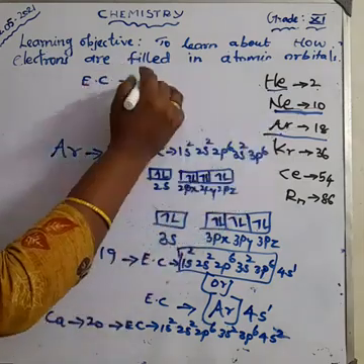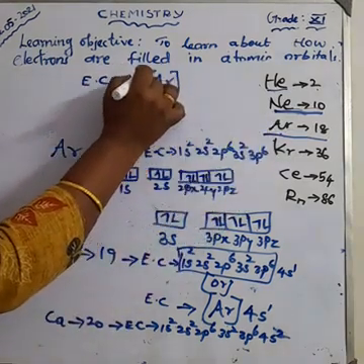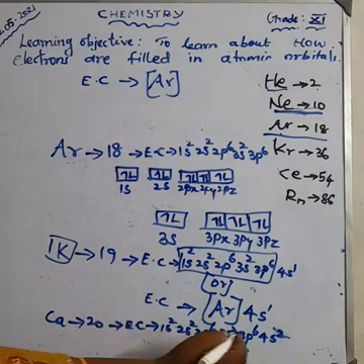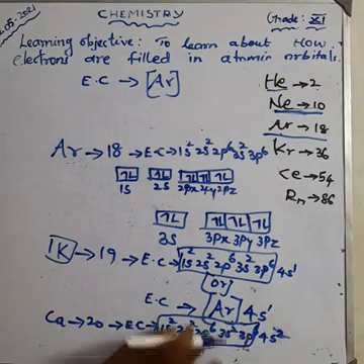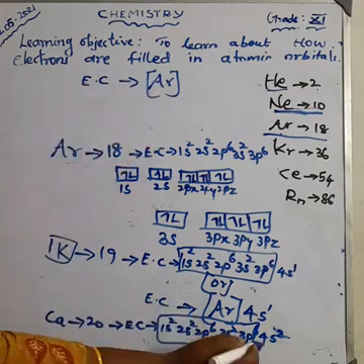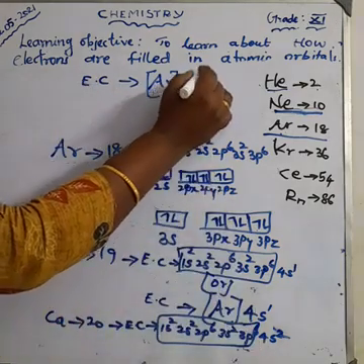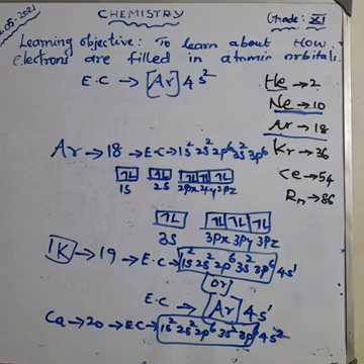You can take argon as the stable electronic configuration and then 4s2. Instead of these 18 electrons, we can take argon and then 4s2. Okay, understood? I hope all of you understood everything. Okay, study well. Once again, take written practice again and again. Then only you can understand clearly.